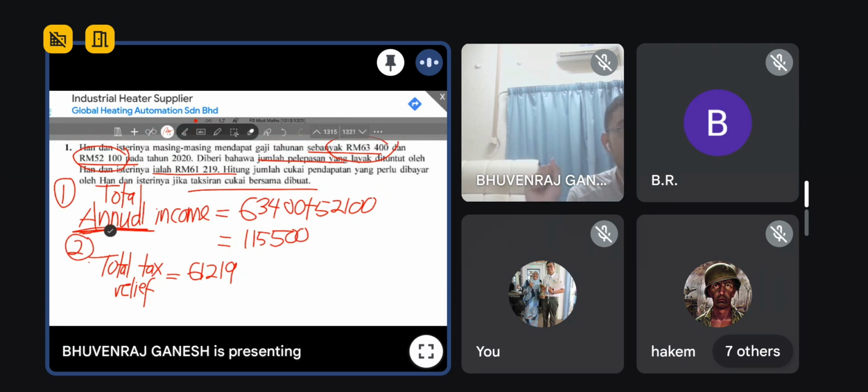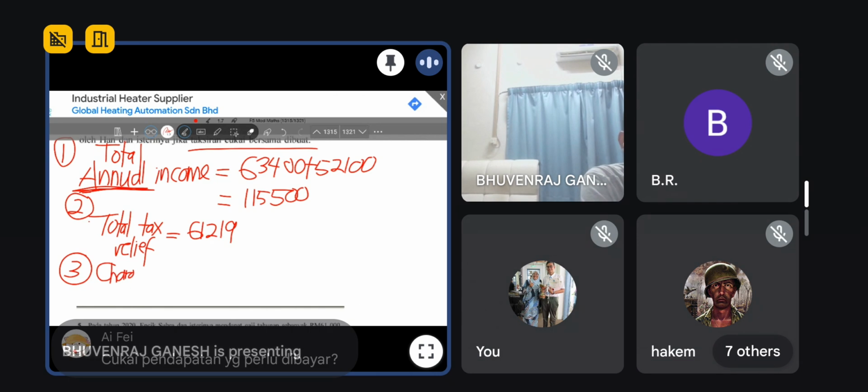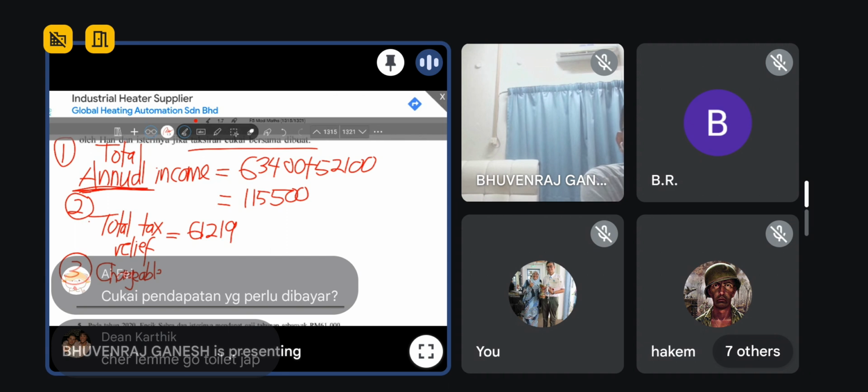So langkah ketiga, what should I find now? Very good. So what is your 1 minus 2? What do we call that term that we want to find? Start with letter C. We will find chargeable income.